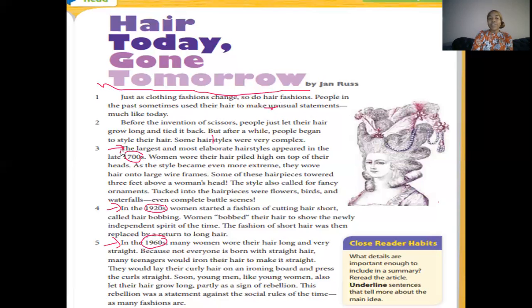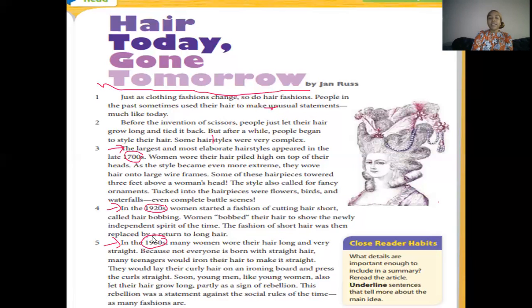This is our first detail that supports the main idea. This is our second detail in paragraph 4, sentence 1, that supports our main idea. And in paragraph 5, sentence 1, that's our third detail that supports our main idea.